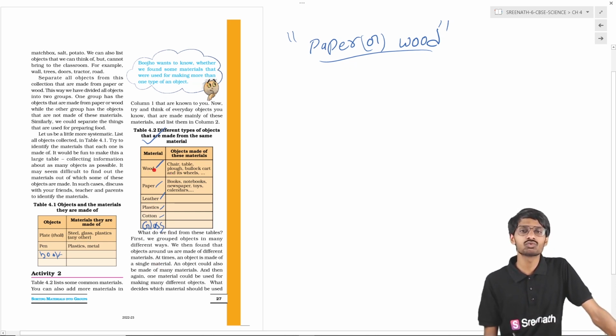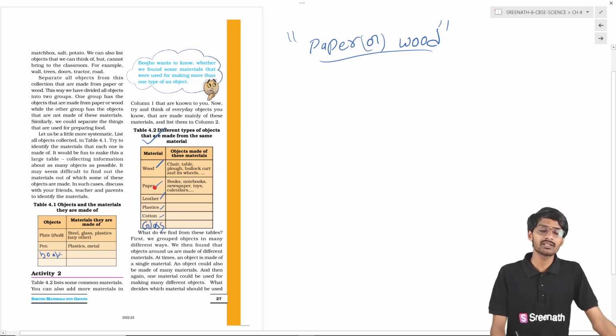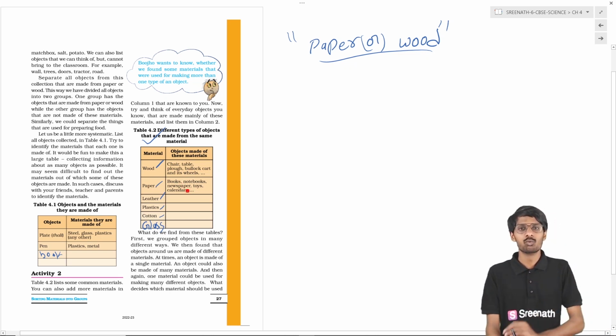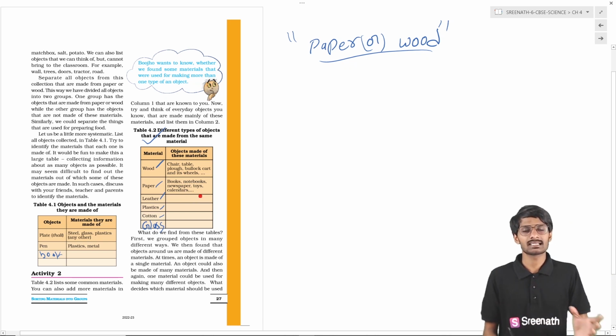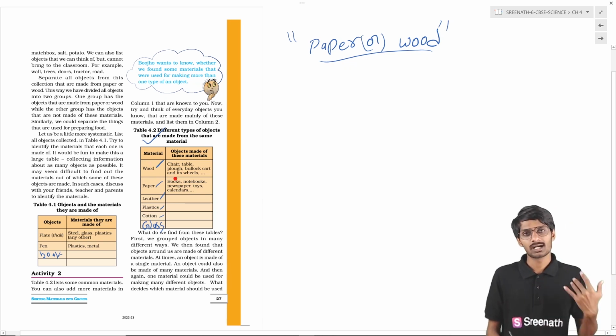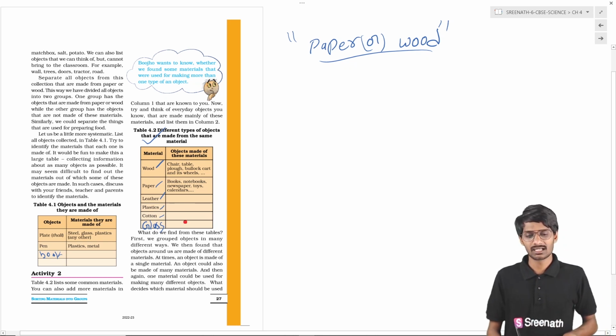So using wood, what can we make? We can make chair, table, door, window, block cards, etc. And using paper, we can make books, notebooks, newspapers, toys, calendars, like that. So you have to write the different types of materials and the different types of objects which are made using these materials, friends.